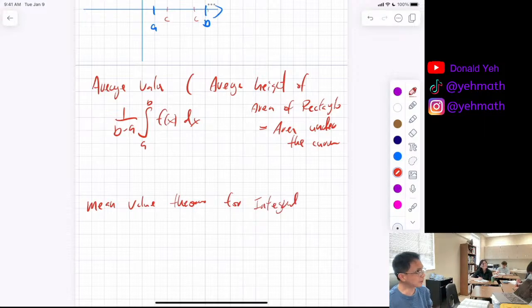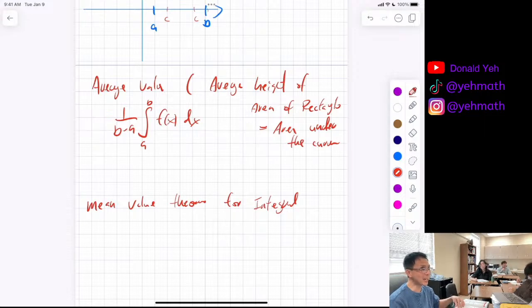What the hell is the mean value theorem for integral? Well, mean value theorem for integral is super easy. It's just like average value. It's just like you find out which x value between a and b gives you the average value. That's pretty much it. I'm gonna say that again.